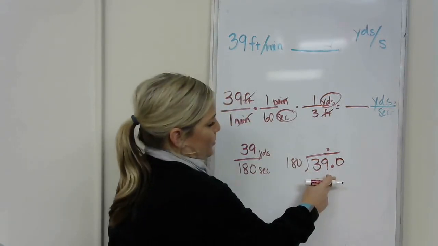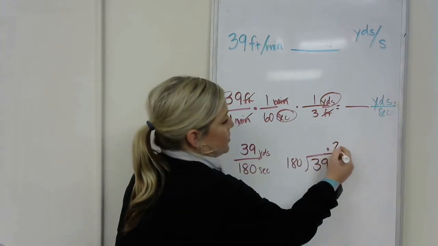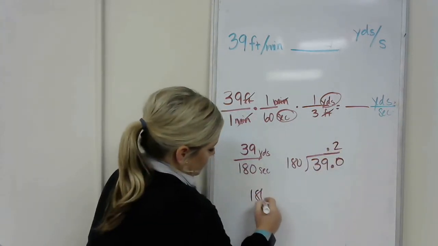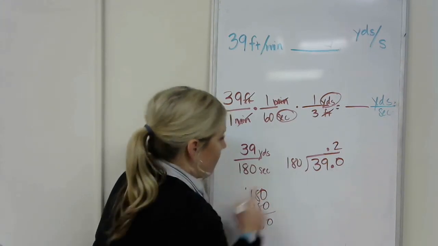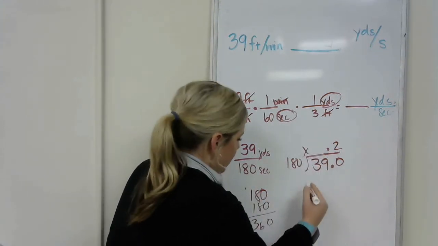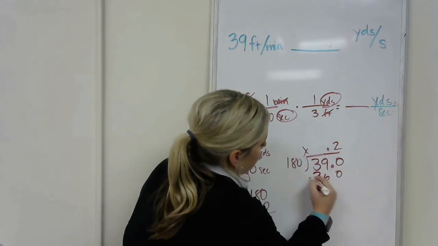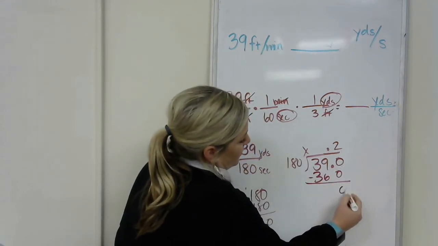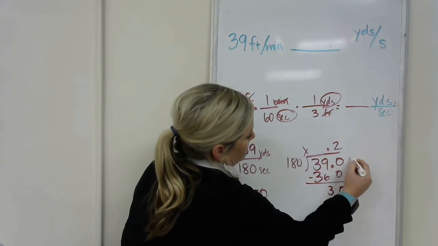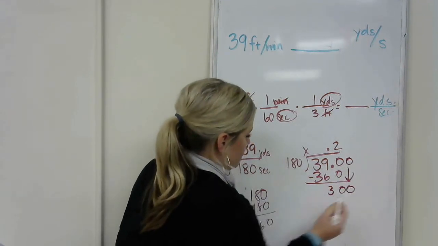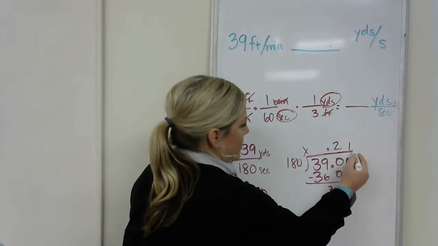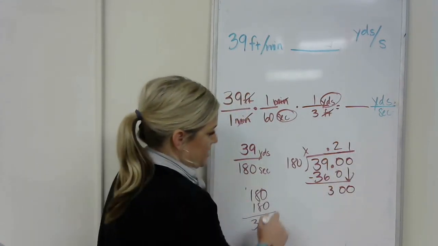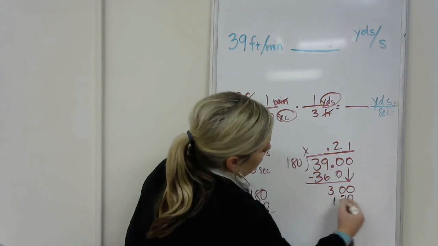180 will go into 390 probably 2 times. I'm just guessing while I do the math. Yep. Okay, so 2 times 180 is 360. Then 3, 0. It will go in one time, right? Because 2 times was 360. So 180.